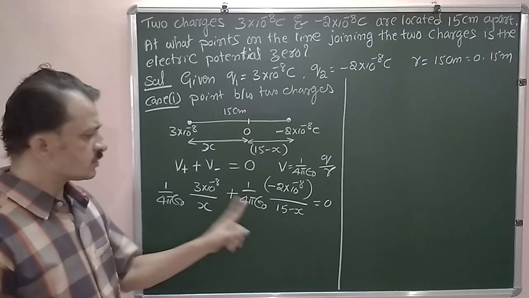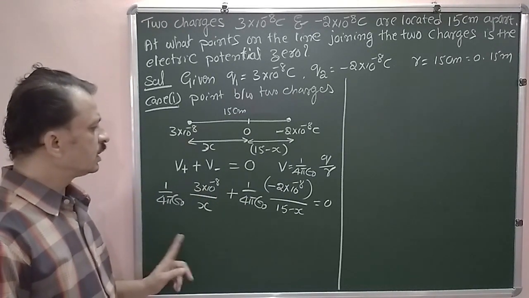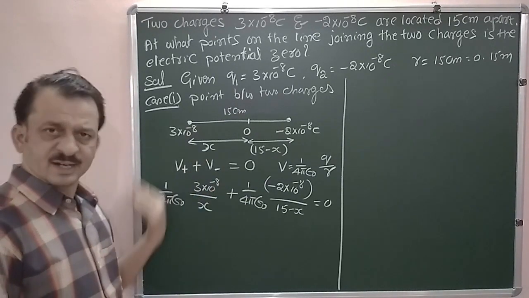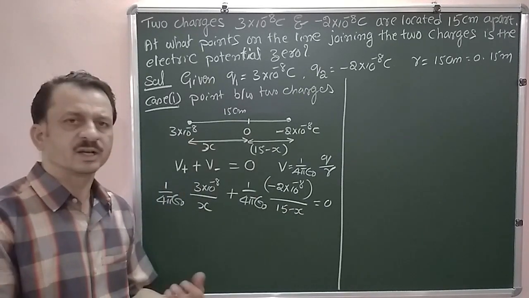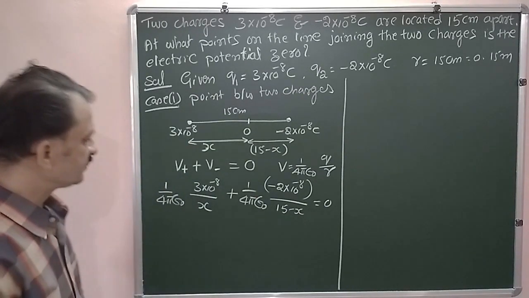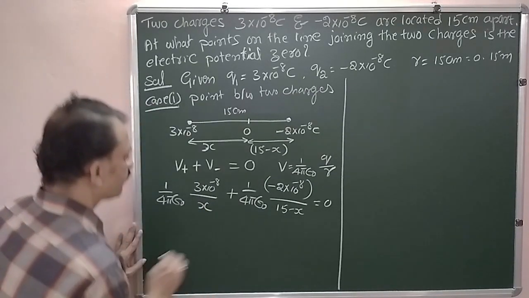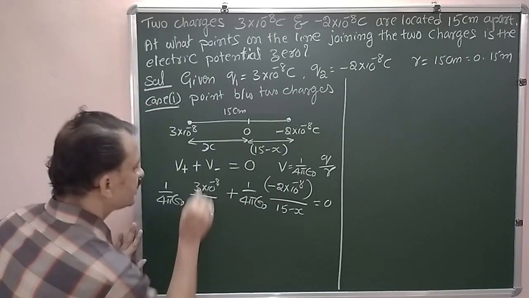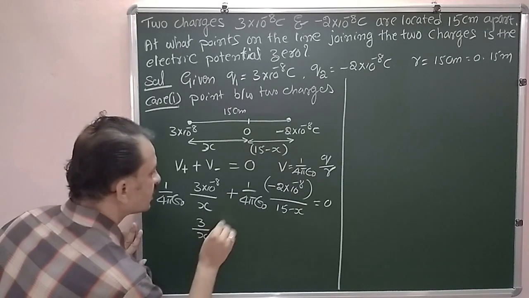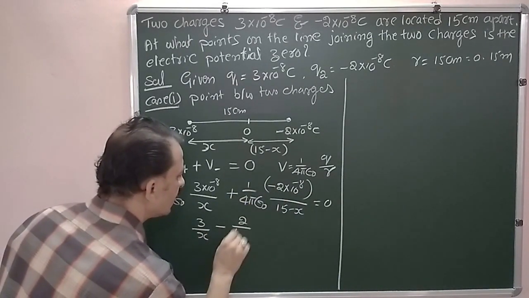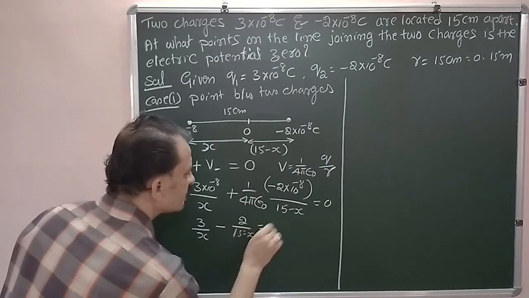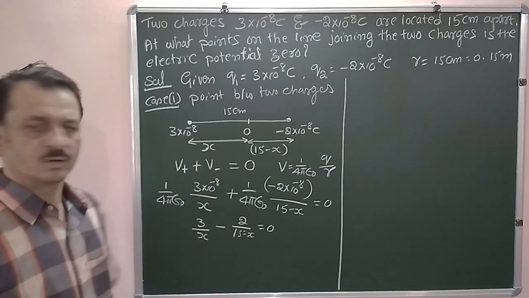Now 1 divided by 4 pi epsilon naught is common, and also 10 to the power of minus 8 is common. If you cross multiply, it gets canceled. So finally we are left with 3 divided by x plus minus 2 divided by 15 minus x is equal to 0.